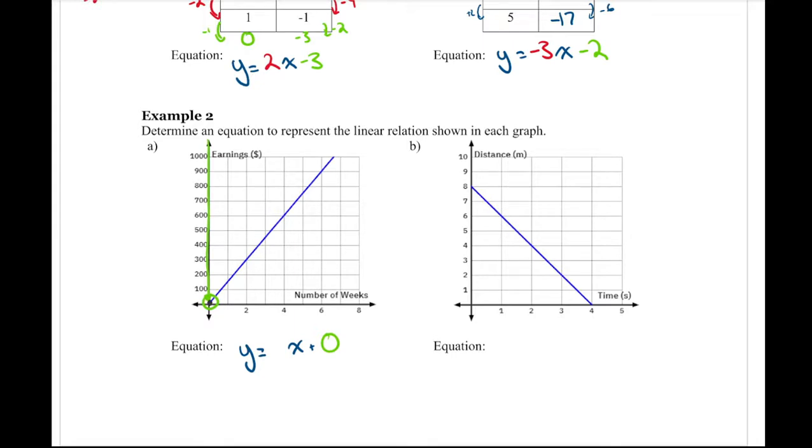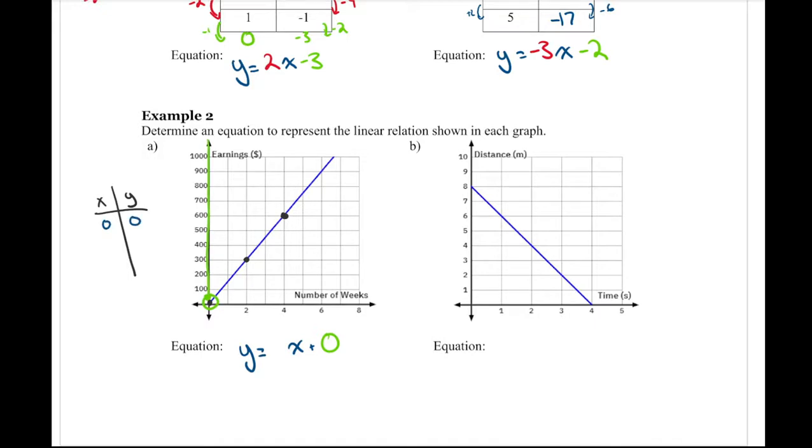So we could say the first point 0, 0, the next point 2, 300, 4, 600. And by nice points, I just basically mean where can I easily tell the value of the points when they're on the line.